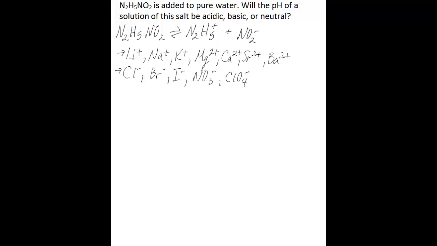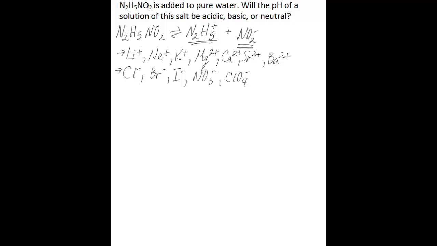So in this case, none of the cations or anions in this list are the cation or anion that we're dealing with. So both the cation and anion that come from the salt when it dissociates in pure water will react in some way with the water molecule to create a more acidic or a basic solution.